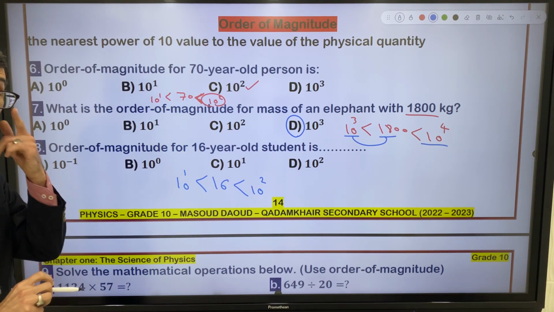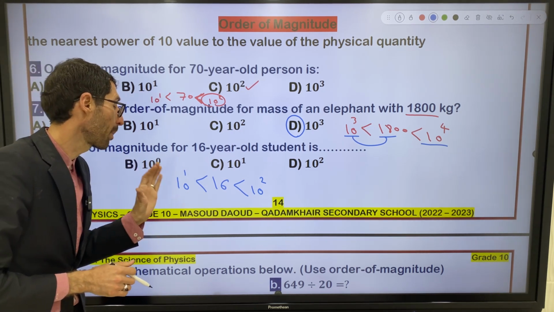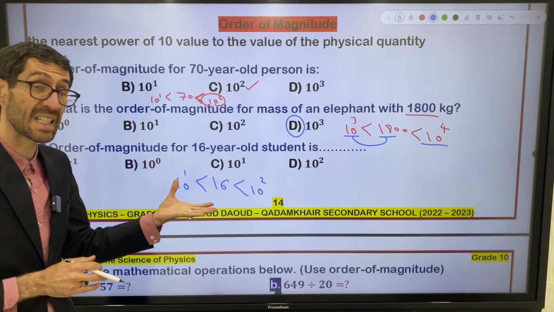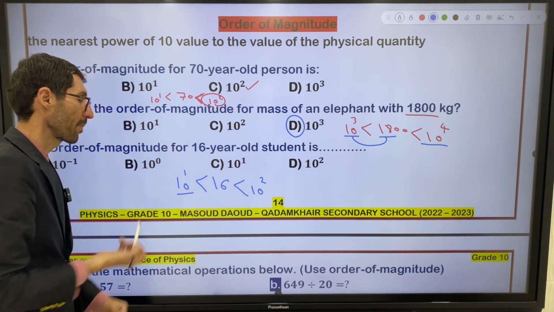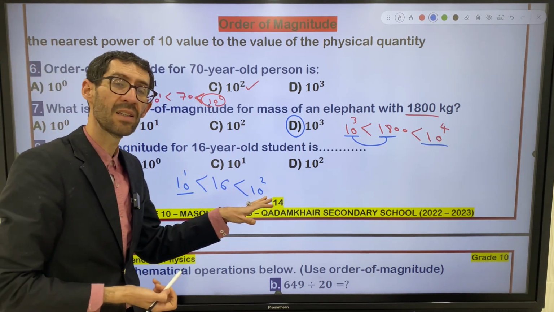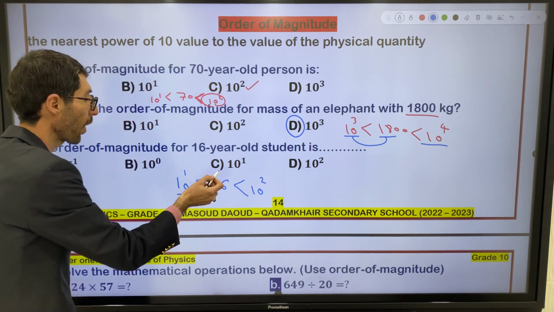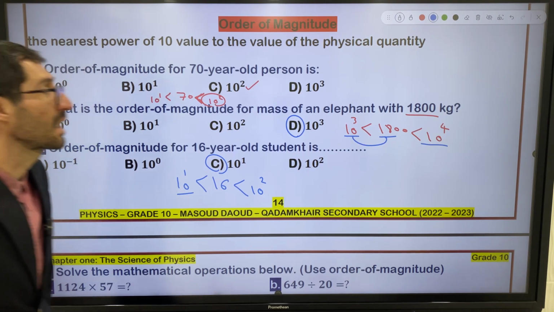So which one is actually taken? Which power of 10 becomes the order of magnitude for 16? Of course, 10, because it is much closer to 16 than 10 to the power 2. So 10 to the power 1 becomes the order of magnitude of the number 16.